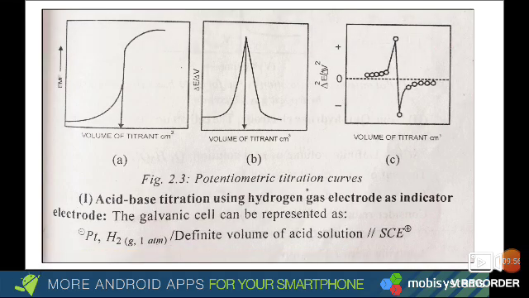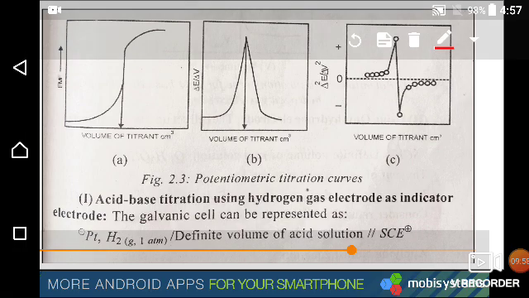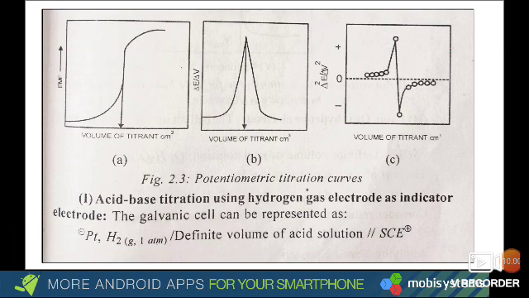So these graphs are, first one is just an S-shaped graph where you plot the simple EMF versus volume V of titrant. In the second case on the y axis it is delta E upon delta V. Here you have to simply add the volume and find out the difference between the two successive volumes and two successive EMFs.